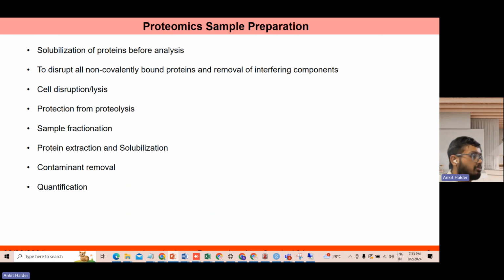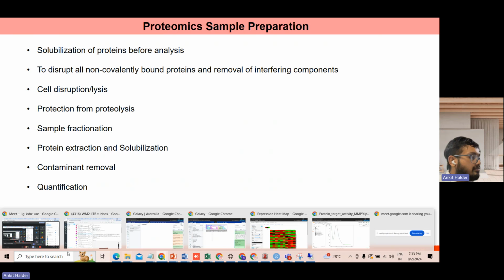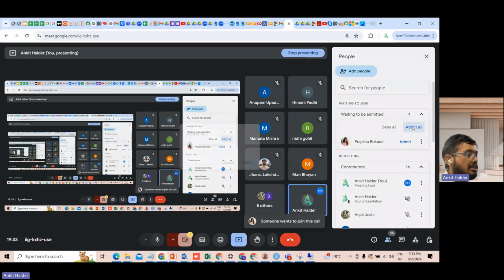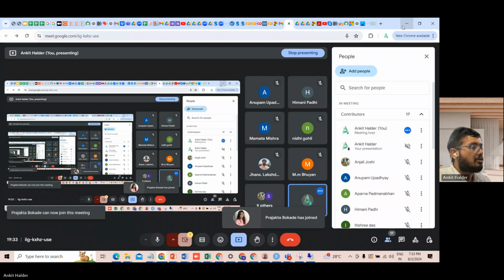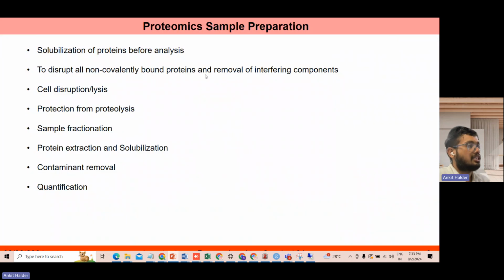Only the same amount of protein can be compared. Otherwise, we cannot say whether a difference is because of a higher concentration of proteins that has been taken or a lower concentration of proteins.